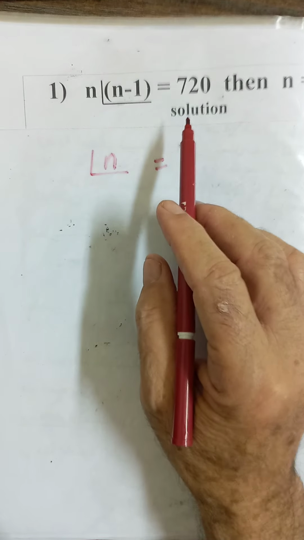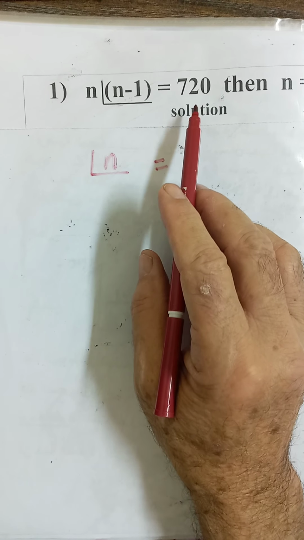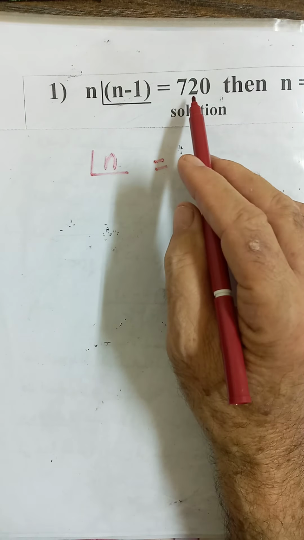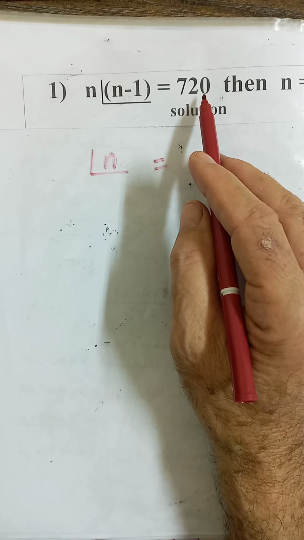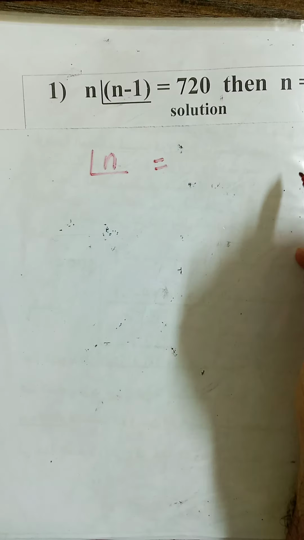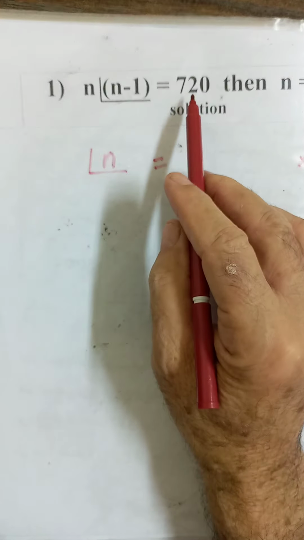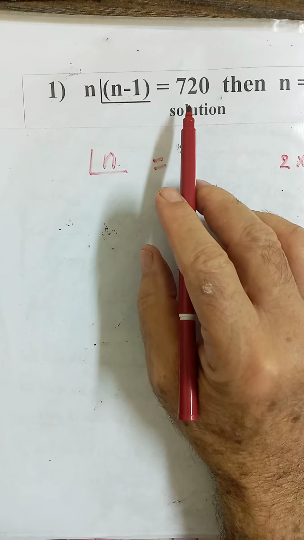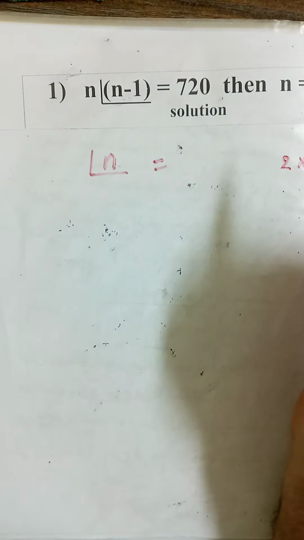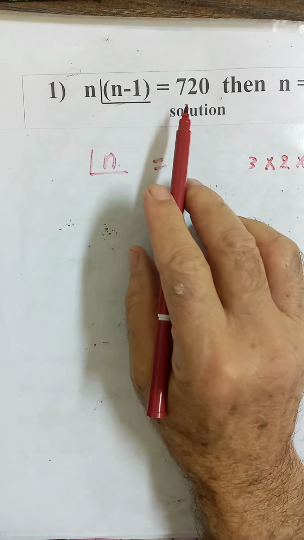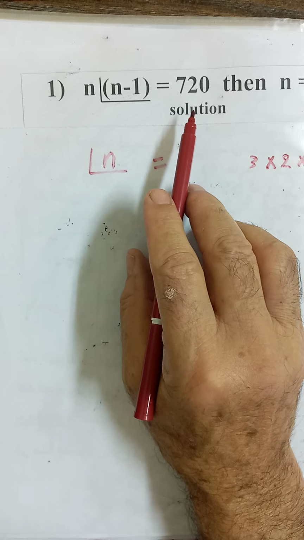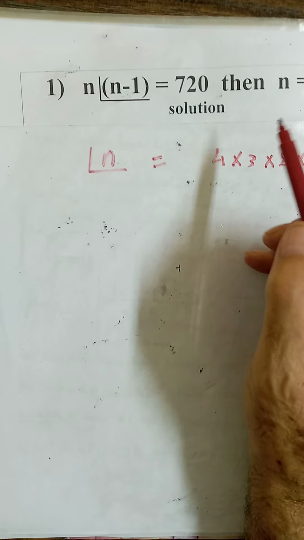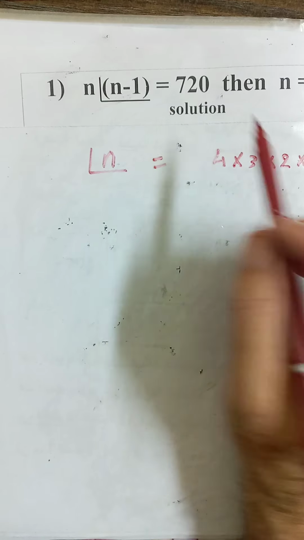And 720, when you factorize this number you get: 720 divided by 1 equals 720, divided by 2 equals 360, 360 divided by 3 equals 120, 120 divided by 4 equals 30. 30 is 6 times 5.